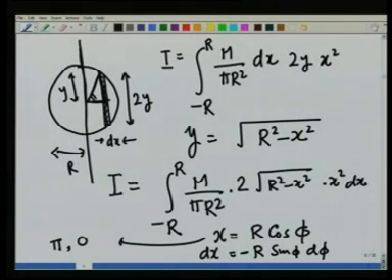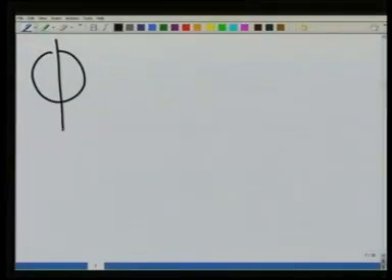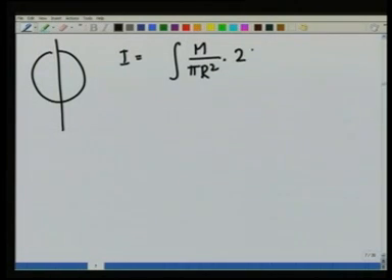In any case, I can write this as, let me write it again. I am talking about the moment of inertia about the diameter. I is equal to m over pi r square times 2 square root of r square minus x square dx. Integral is from minus r to r.